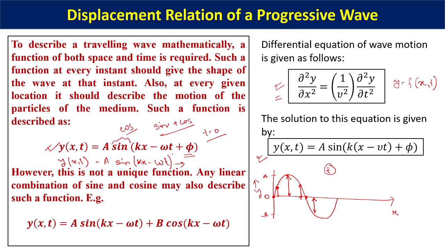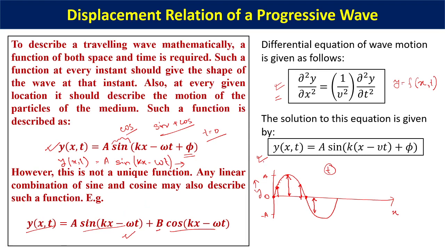One such function is represented by this particular formula, where y of x,t, that is y as a function of position and time, is represented as some constant a sine of kx minus omega t plus b cos of kx minus omega t. This is a superposition of sine and cosine terms, and this also gives a solution of the differential equation of a progressive wave.